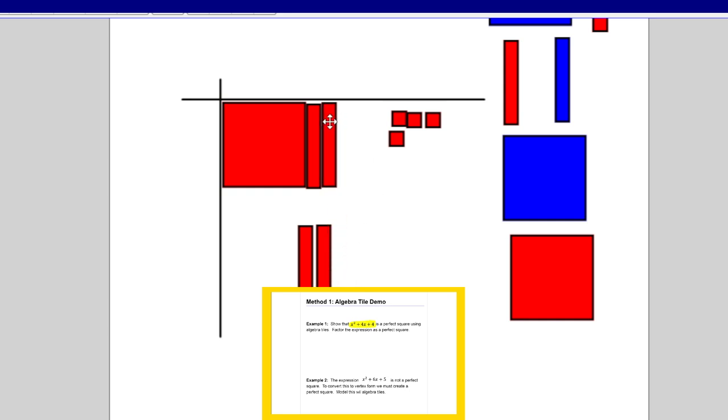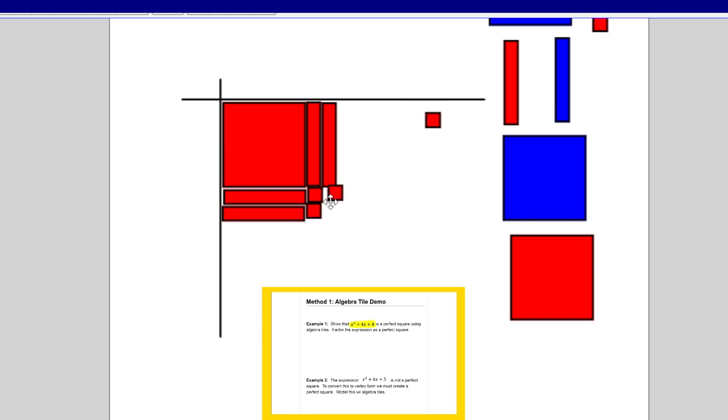So in this case, I'm going to put these two together like this. These two I'm going to rotate, make them the horizontal version, and put them in here. And now I'm going to take my ones, place them in like such, and now I have a square.